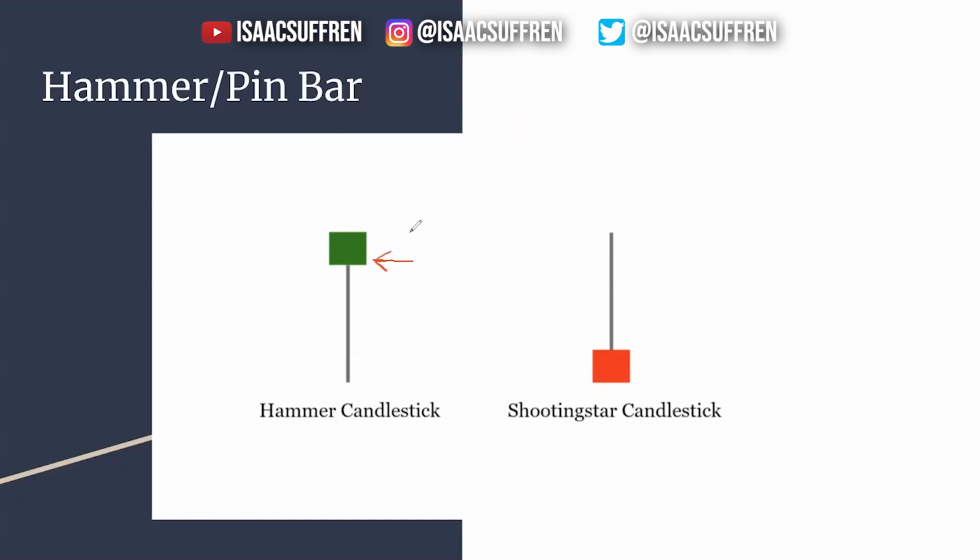So it opened right here and it closed right here, right? But you can see the long wick. That lets you know that at one point it opened right here and then went all the way down here. Now, why is this important? That lets you know that sellers tried to take control, but what happened is the buyers were too strong and they just forced the price right back up.